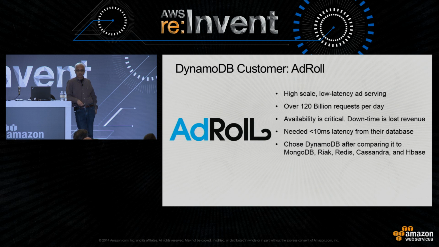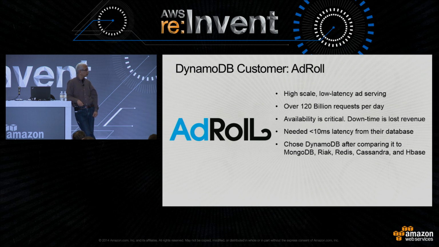In fact, AdRoll is another customer like this that is in the ad exchange business. They run 120 billion requests a day. They need very tight latencies because in the business they have something like 20 to 25 milliseconds to bid on an ad, and they need to have a database that can respond to queries quickly with a predictable under 10 millisecond read latency, always the same kind of read latency, so they can bid on their ads.